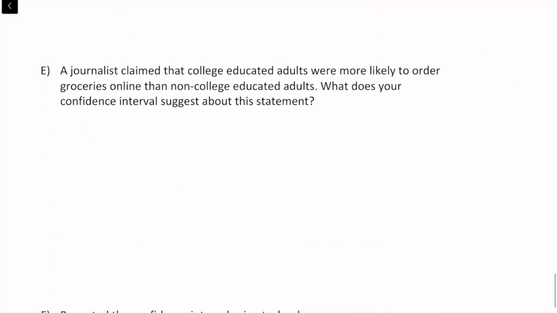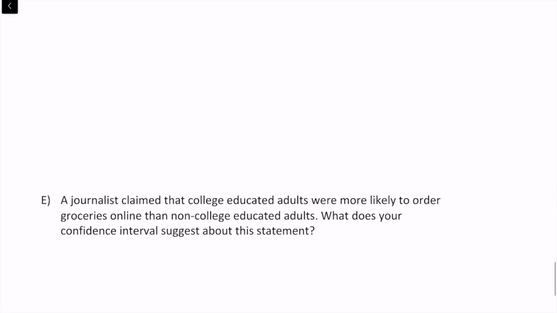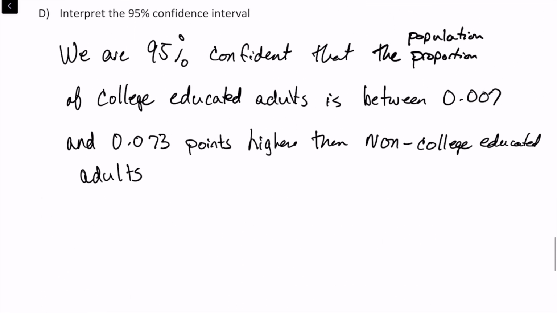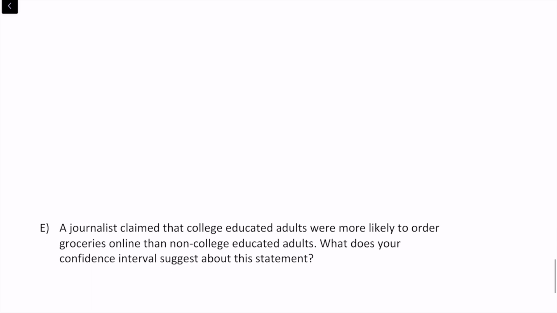Let's go here. So a journalist claimed that college-educated adults were more likely to order groceries online than non-college-educated adults. What does your confidence interval suggest about this statement? Well, remember, our confidence interval contained all positive values, and so that indicates that P1 is higher than P2. So that means that college-educated is higher than non-college-educated.